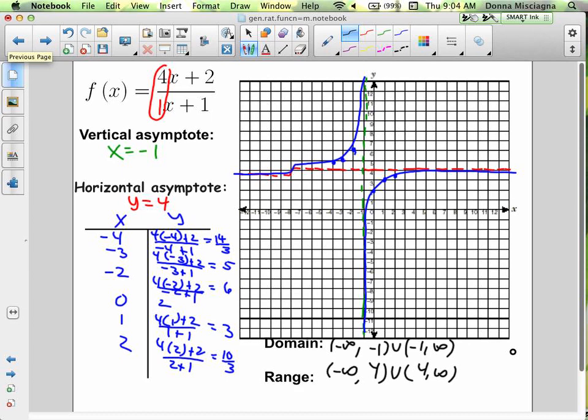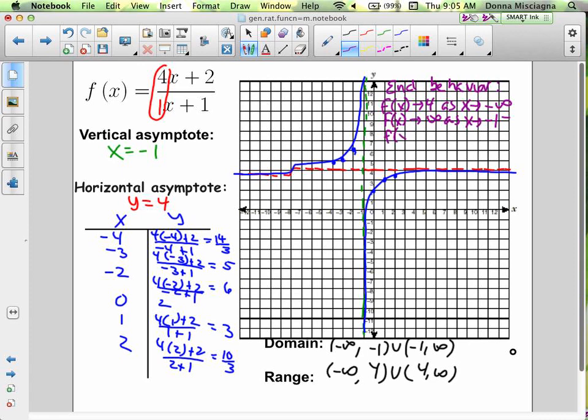All right, and then the end behavior. So we have the function approaches 4 as x approaches negative infinity. The function approaches positive infinity as x approaches the vertical asymptote, negative 1, and that's from the negative side.